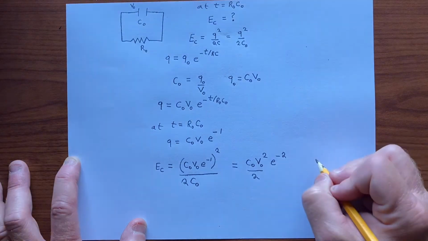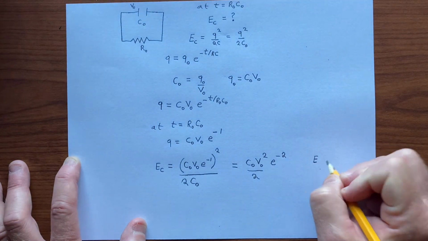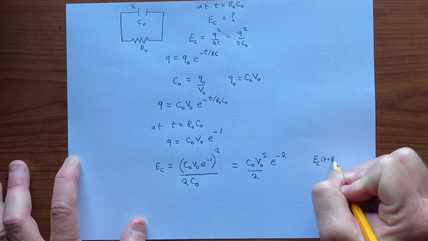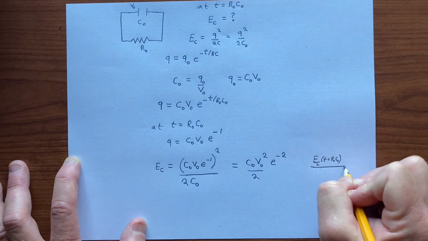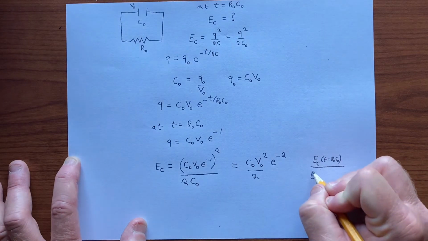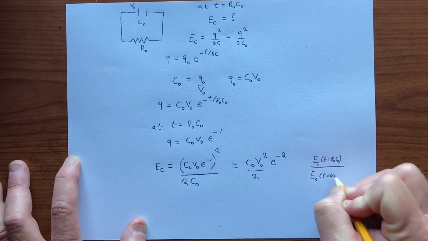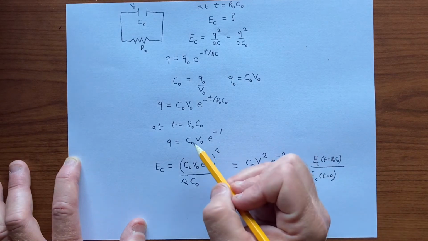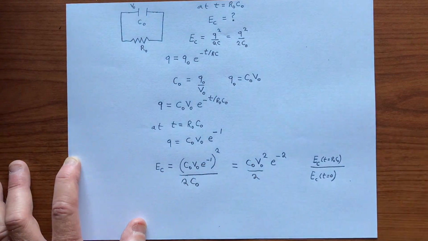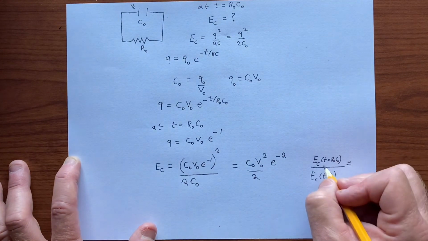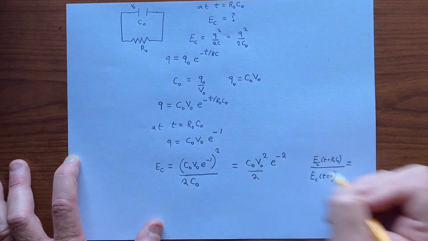Notice that in terms of the energy at t equals R naught C naught, let's calculate the ratio of the energy at that time compared to the initial energy at t equals 0, when the capacitor had the voltage V naught and the charge C naught V naught on it. So we found this value, which is this.